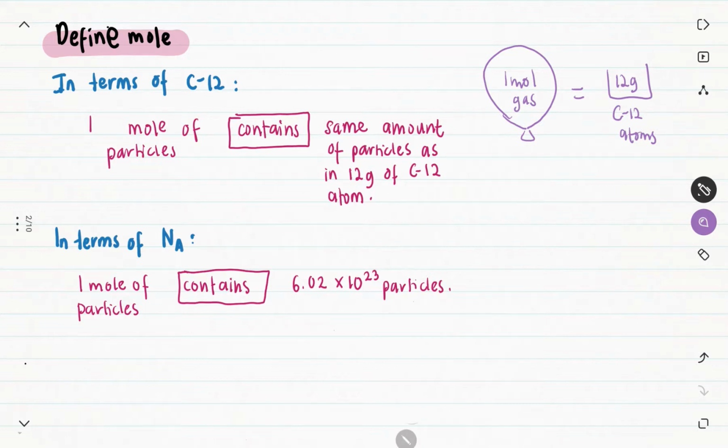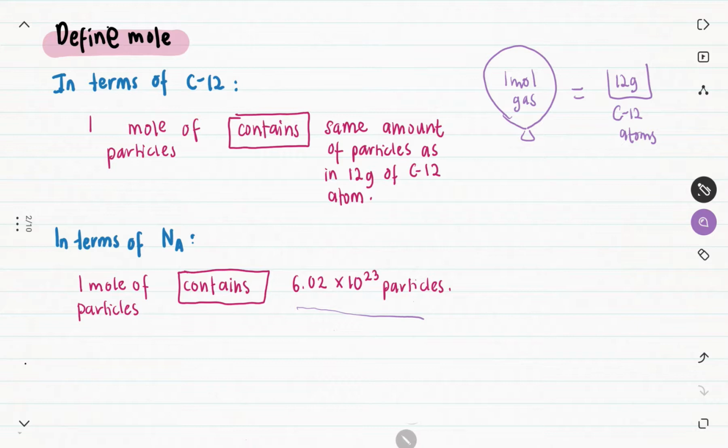So the second definition, how to define mole in terms of Avogadro constant. In terms of Avogadro constant, 1 mole of particle will contain 6.02 times 10 to the power of 23 particles.